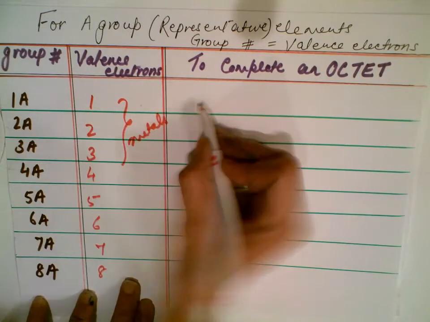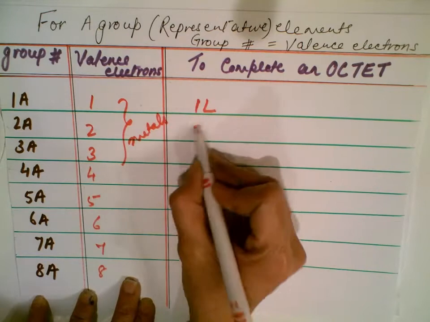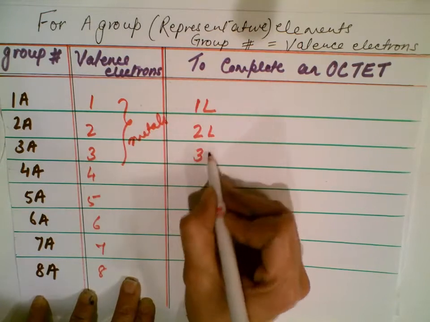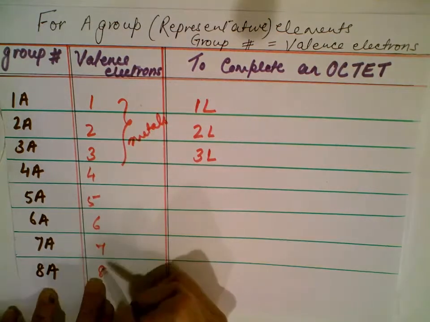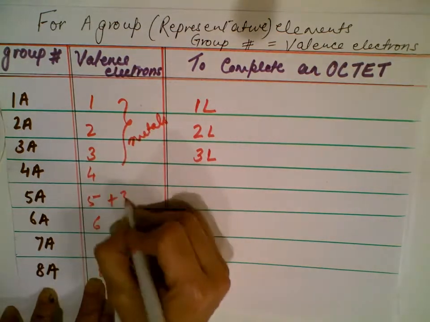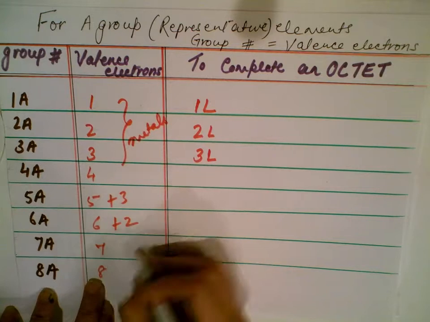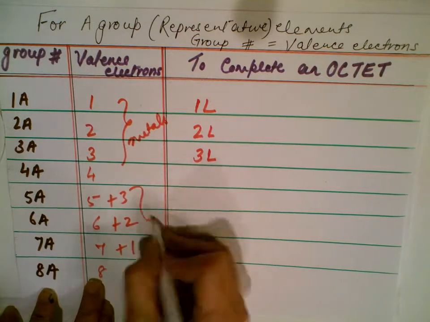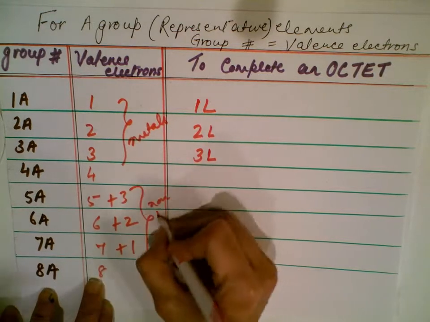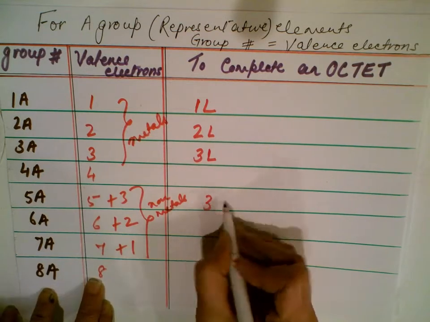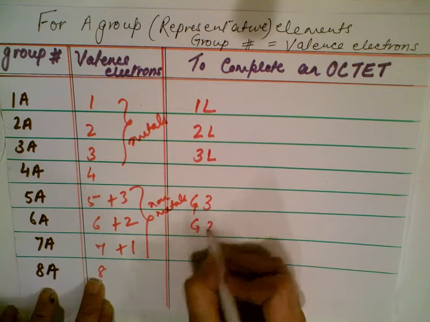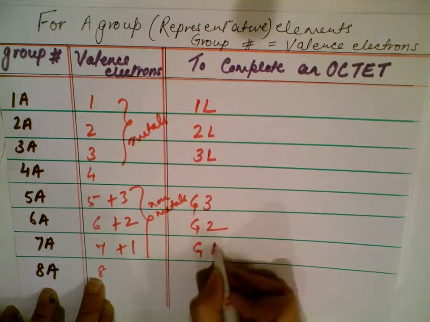So 1 will be lost, 2 will be lost, and 3 electrons will be lost. However, when you have 5, 6, 7, or 8, 5 needs just 3 more, 6 needs just 2 more, 7 needs just 1 more to complete the octet, and these are the non-metals. So gain 3, gain 2, and gain 1.